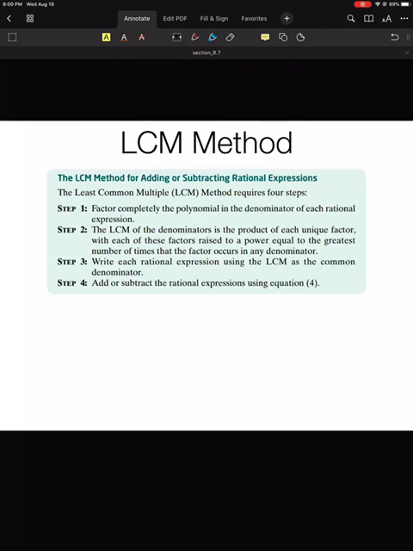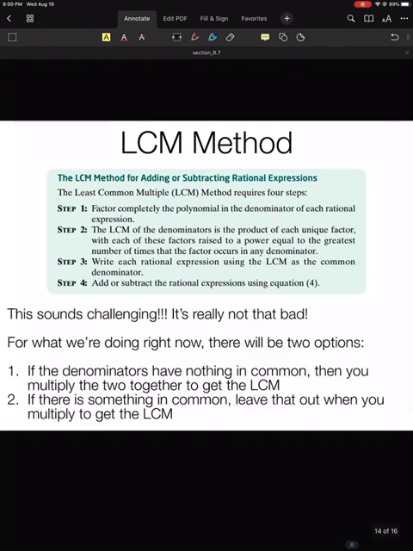Step 3, write each rational expression using the least common multiple as the common denominator, and then add or subtract. Now, that sounds really challenging. Who even knows what they're trying to say in step 2? It's not that bad, I promise.